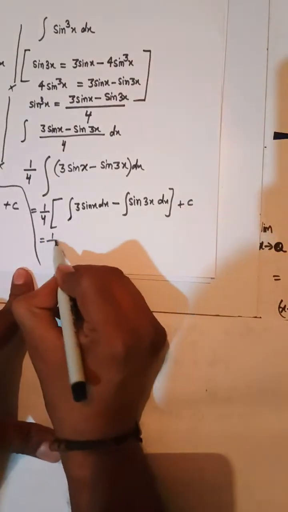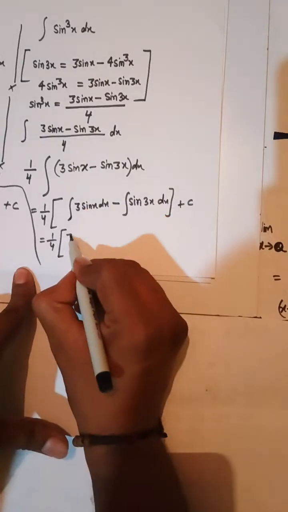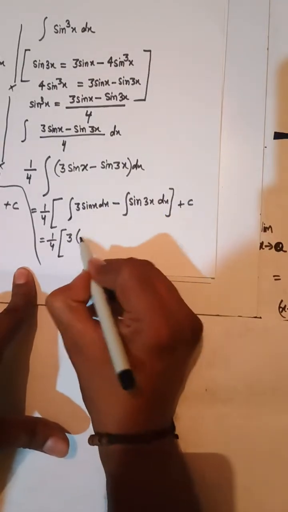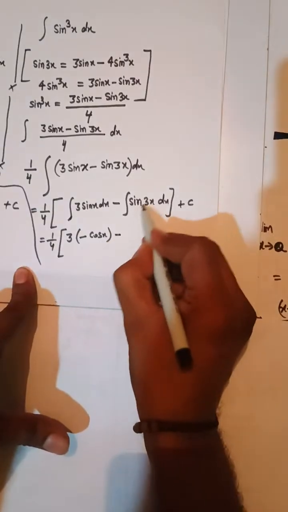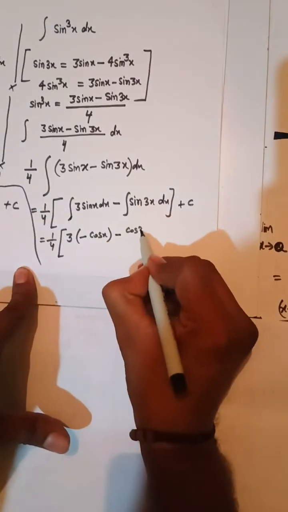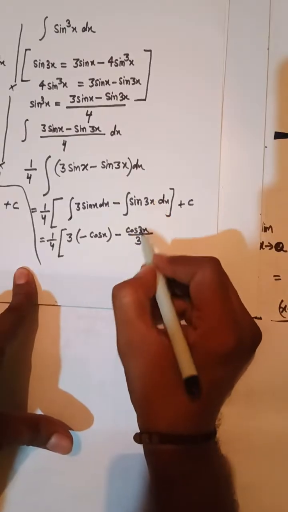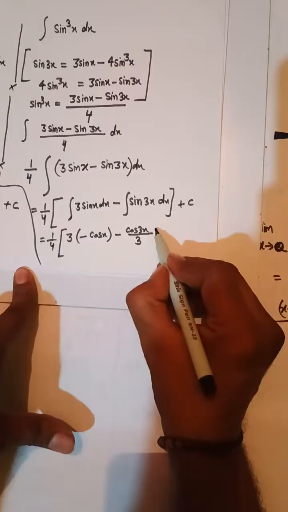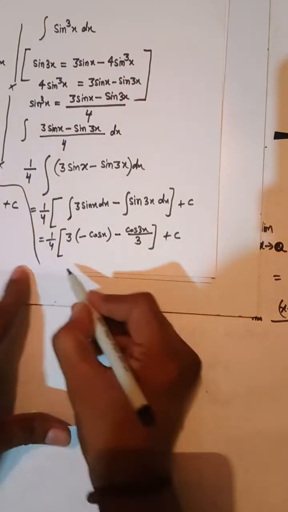So here 1 by 4 we have, then 3 sine x is what? Minus cos x, then minus this will be cos 3x by 3, because 3 is just the coefficient of x, that's why here 3 is going to be divided, and then plus c. So we have this.